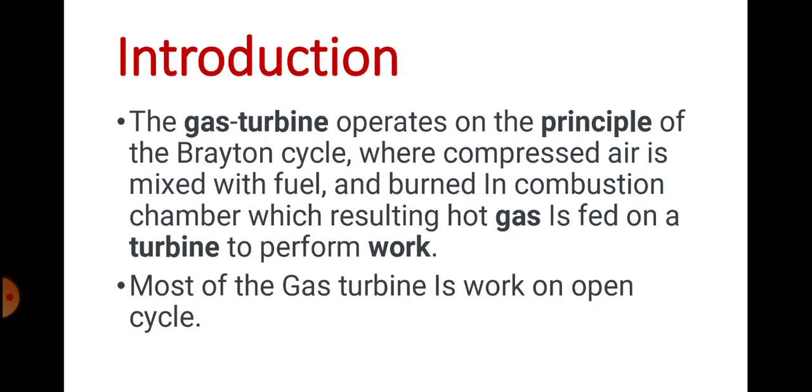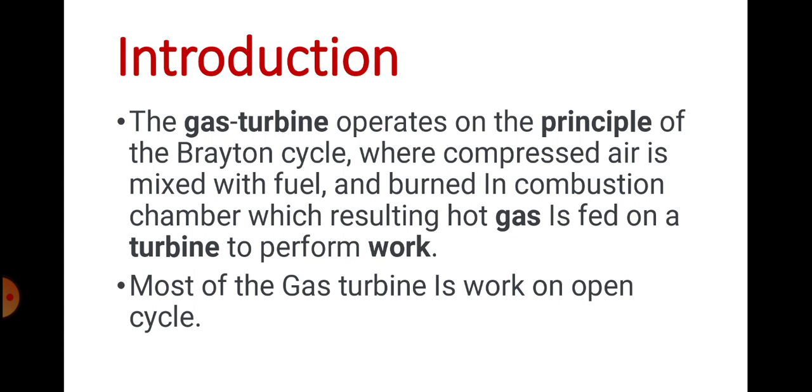In an open gas turbine, the hot air after the combustion chamber passes over the turbine blades and expands, and after the expansion the gases exit to the environment directly.